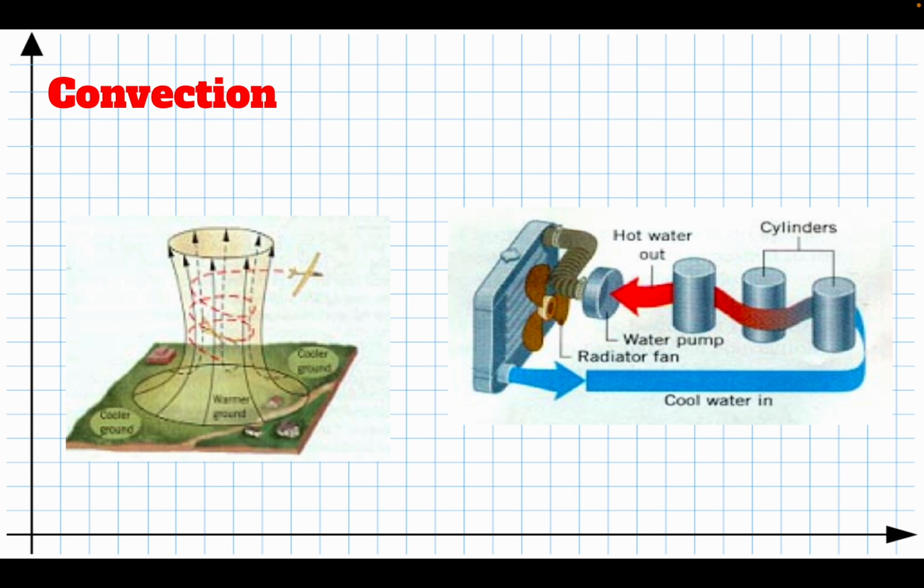Other examples of convection: if there's a big concrete area or a big section of exposed rock, the sun heats that more than it heats the surroundings, and that causes convection currents to rise. And gliders or birds can circle in this convection current and get higher and higher without ever flapping their wings. We also use convection to keep our engines cool.